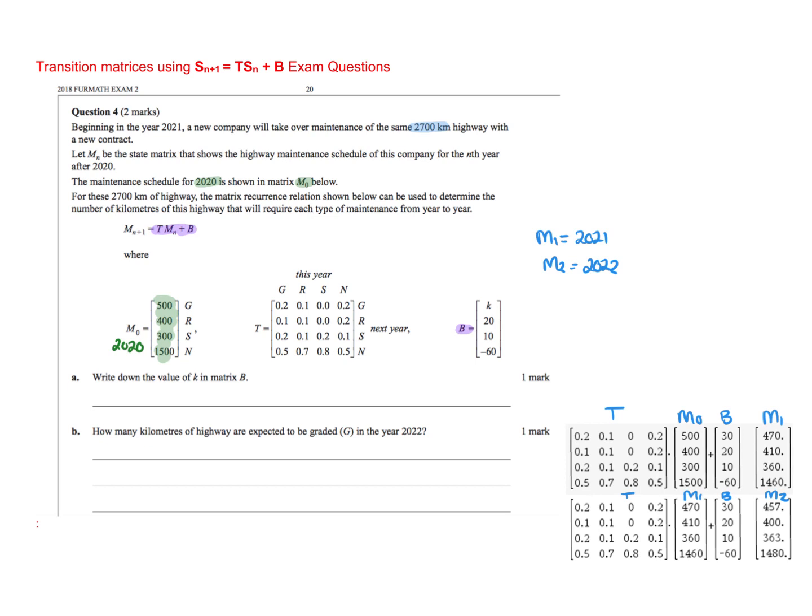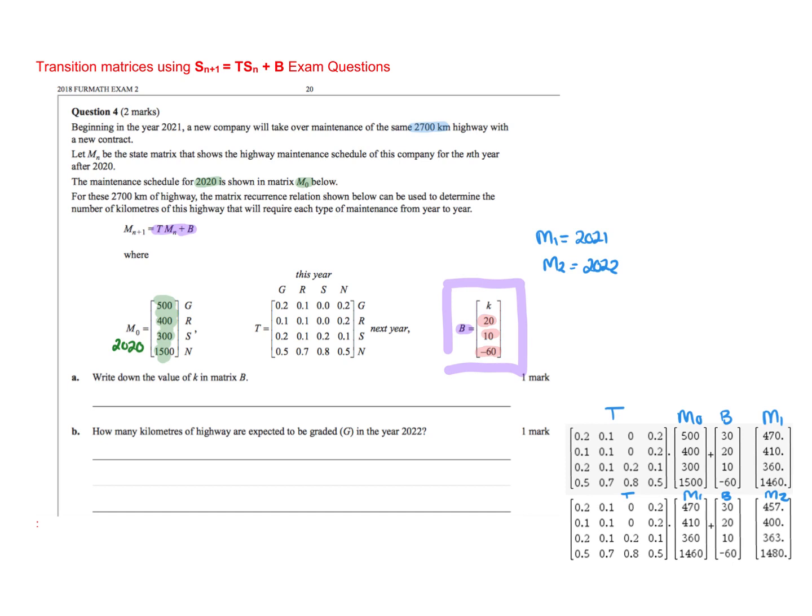So when they add this B matrix in the formula, essentially we want it to be adding 0. You've got 20, you're adding 20 on that bit, you're adding 10 on that bit, but then you take away 60. So what would you be up to there if you're doing a total? You'd be up to minus what?